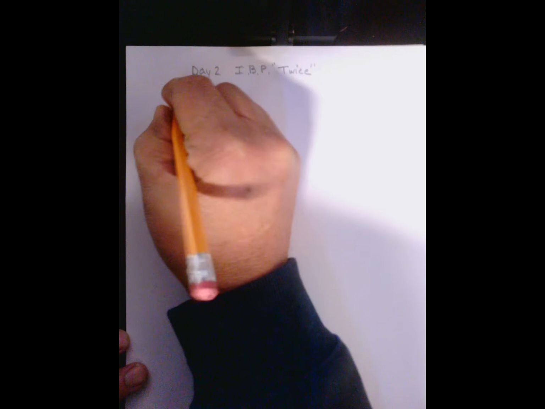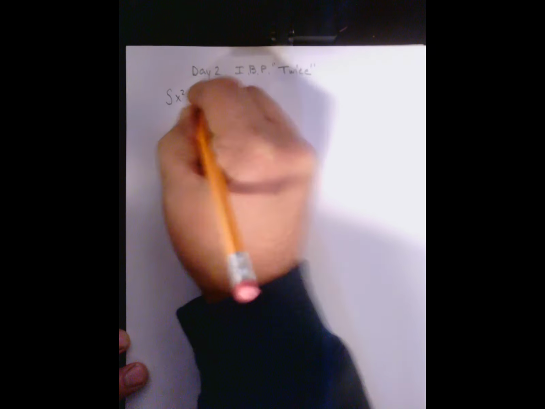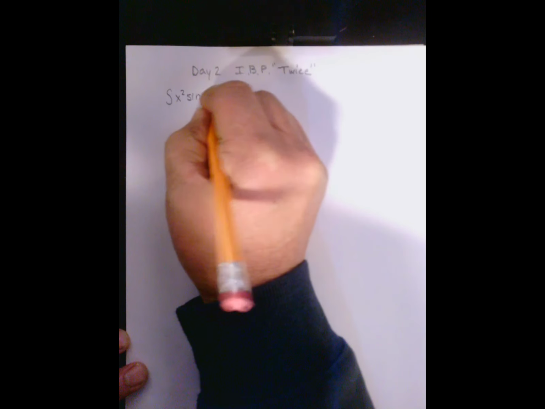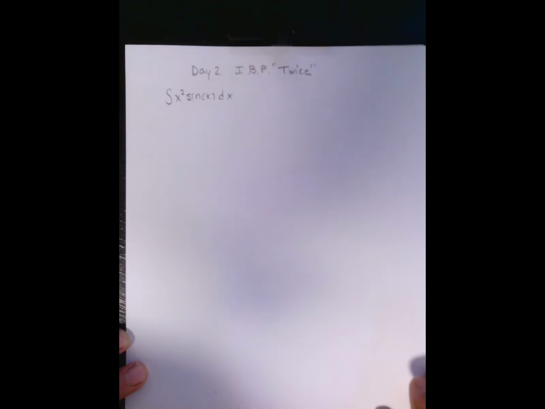Because the method is not really different than integration by parts, but rather just using it twice in one problem, I'm going to start right off with a problem to demonstrate. This is example 3 in your notes.